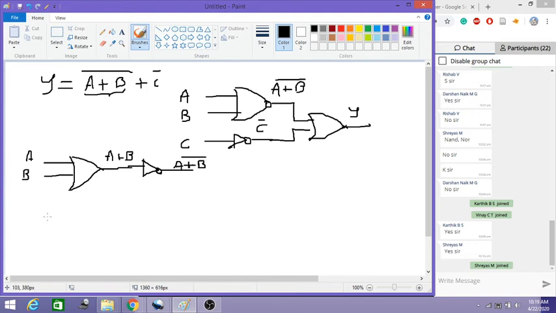Next, for C, I use one NOT gate so that I get C bar. Then I combine this with this result using an OR gate, and we get the output. So this is my final output Y. This is how you have to write it.